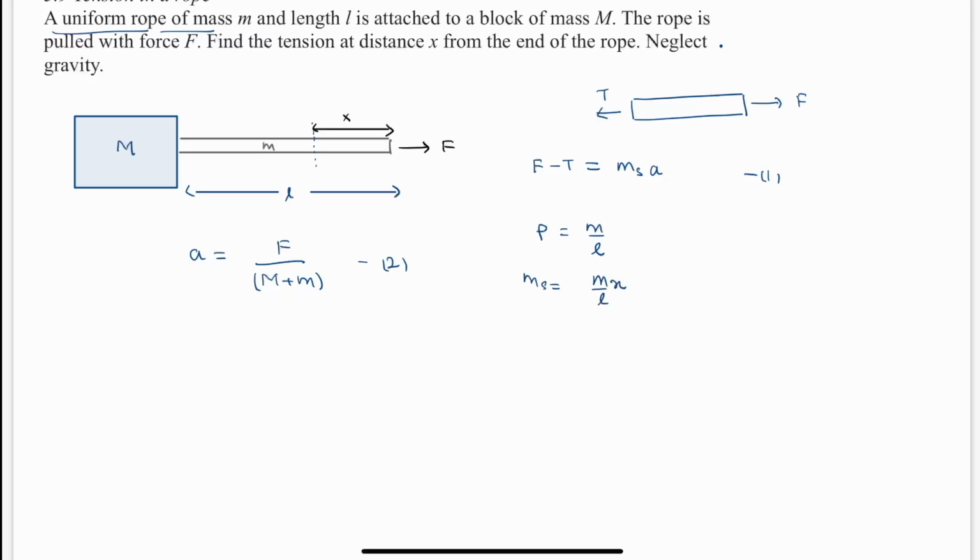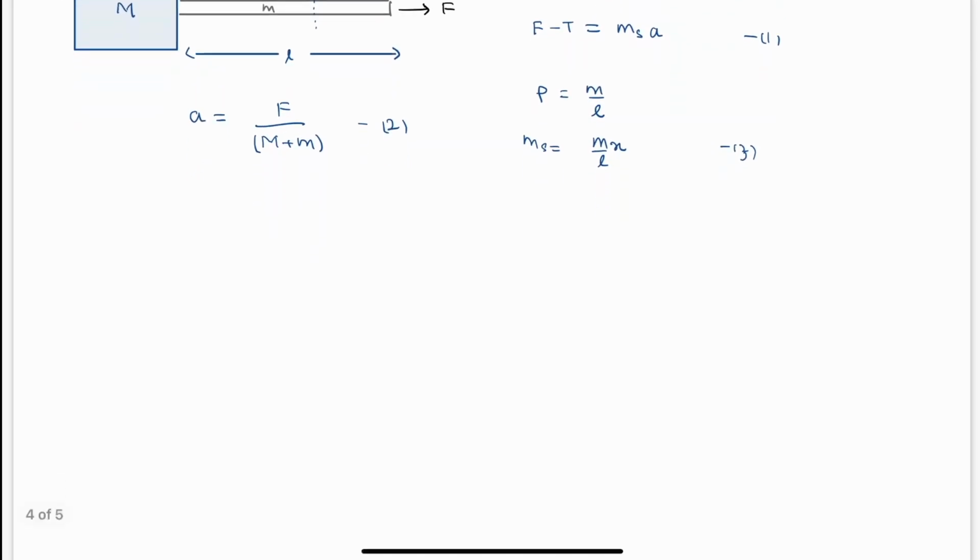That makes sense. Let's call that equation 3, and put together 1, 2, and 3. So we have F minus T is equal to mx by L times F upon capital M plus small m.